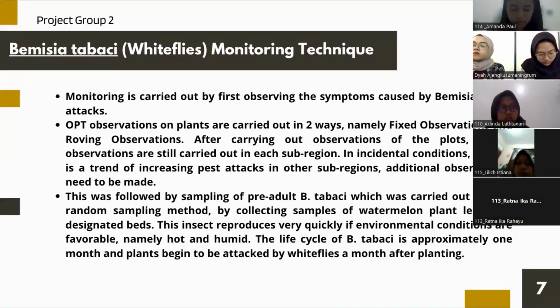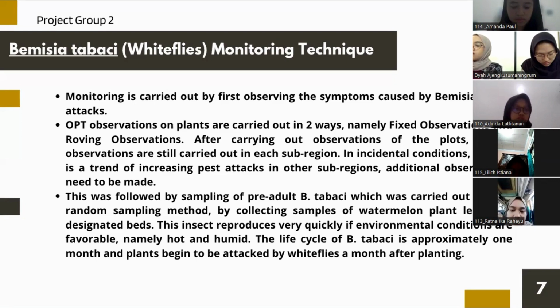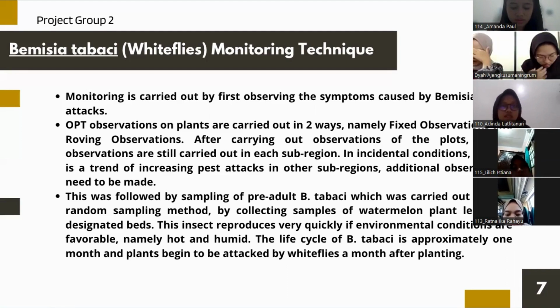Okay, next is the Bemisia tabaci or whiteflies monitoring technique. Monitoring is carried out by first observing the symptoms caused by Bemisia tabaci attacks. Observations on plants are carried out in 2 ways, namely plot observations and roving observations.